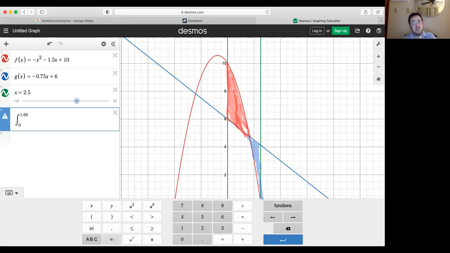So on top is the f of x. I'm just going to put negative x squared minus 1.5x plus 10. Group that together. Minus a negative 0.75x plus 6.